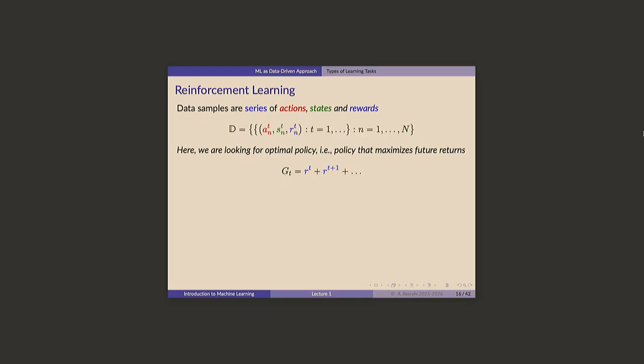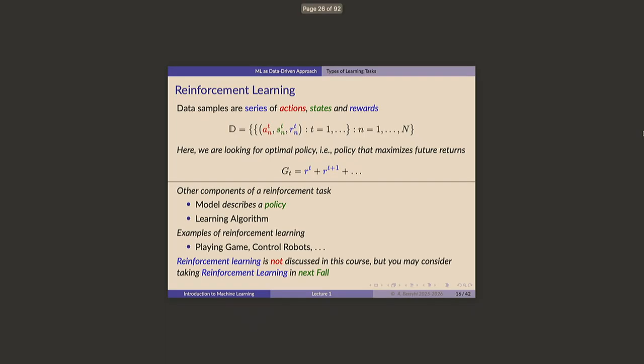So the ultimate thing that you want to do is that if you start playing, the rewards that you keep on getting are maximized, meaning that if you play chess, you win, and you win very fast, for example. So this is the return that you get, and you want to maximize that return.